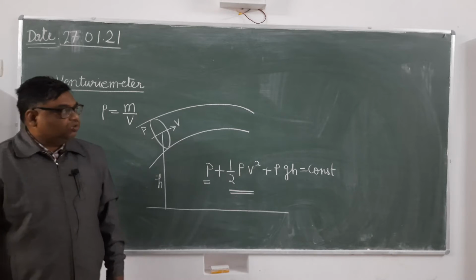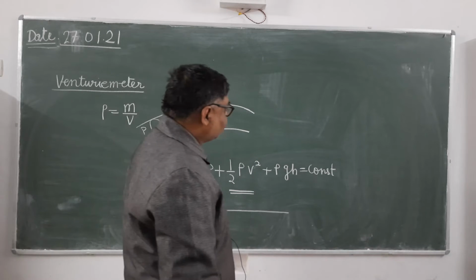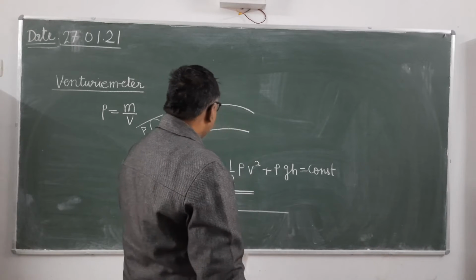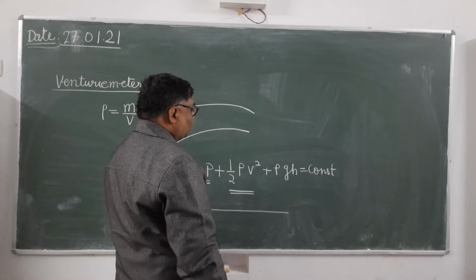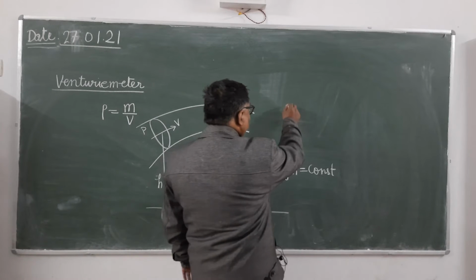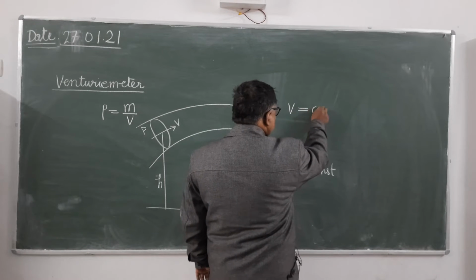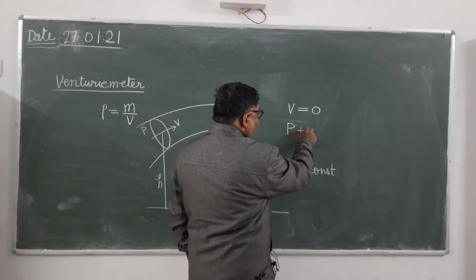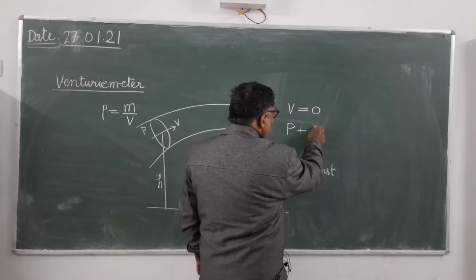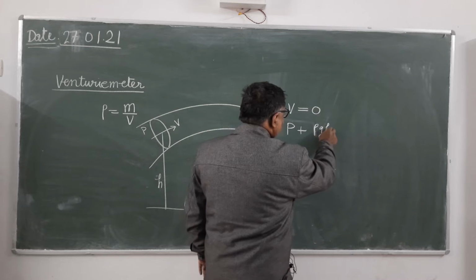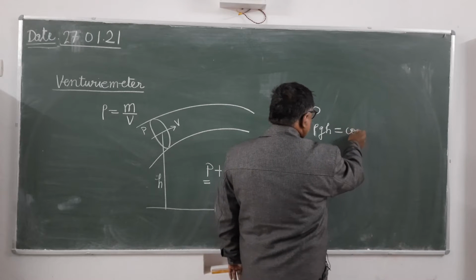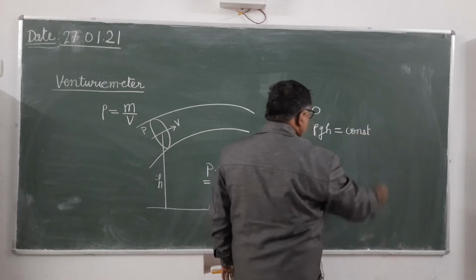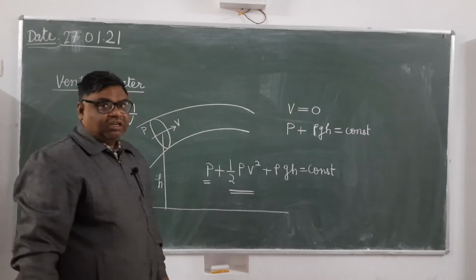It's clear? Now see here, we will take one special case: suppose the liquid is not flowing. Liquid is not flowing, then V equals 0. V will be 0, so P plus rho GH will be constant. There will be no term of kinetic energy. It's clear?